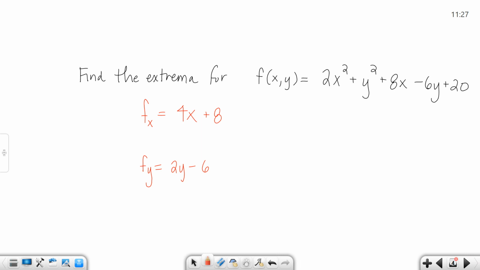So remember, to find the critical points, you take 4x plus 8 and set that to 0, and you also take 2y minus 6 and set that to 0. So you have a critical point at (-2, 3).